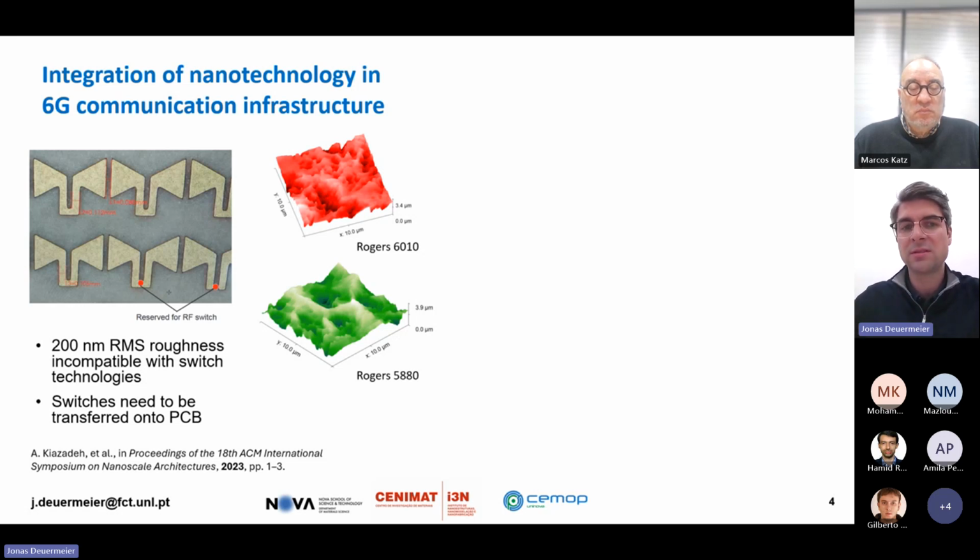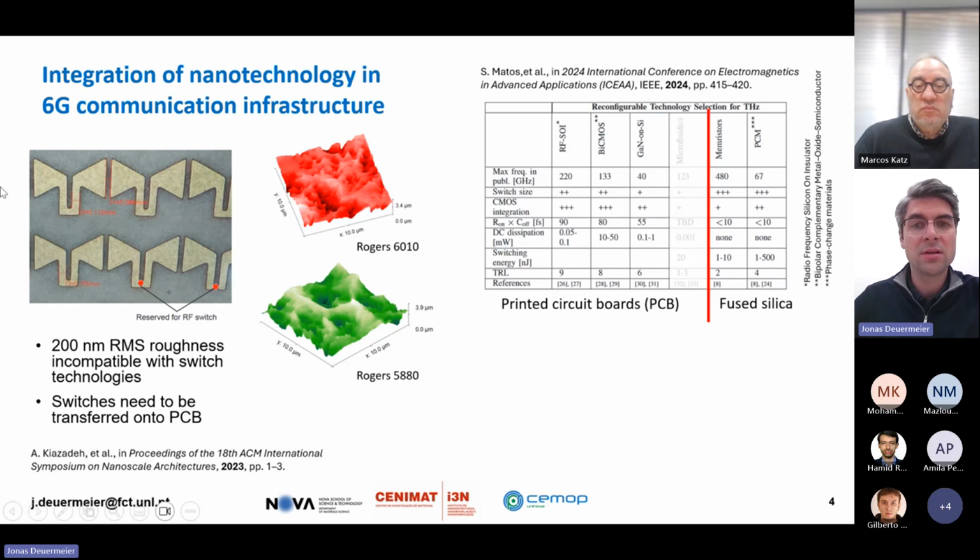This is all possible, but it's obviously an effort. So it would be great to just deposit on top of this substrate, and we're working on that. I cannot present much from the solution, but that is one of the challenges that we're working on.